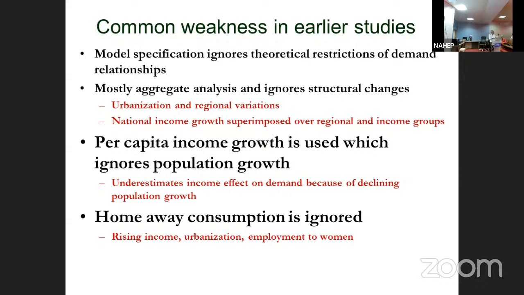Earlier it was 3%, then 2, now 1.6%. After some time it will be 1.1%. It means you are underestimating the income, because your per capita income comes from GDP minus population growth. So if you assume the baseline number in the future, then you are underestimating the income.